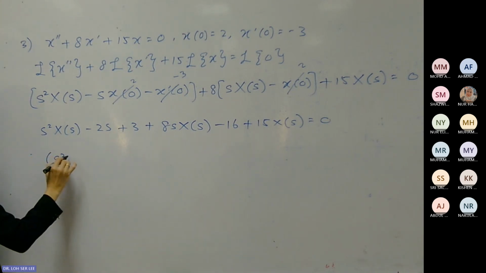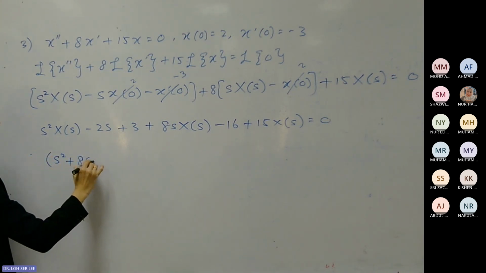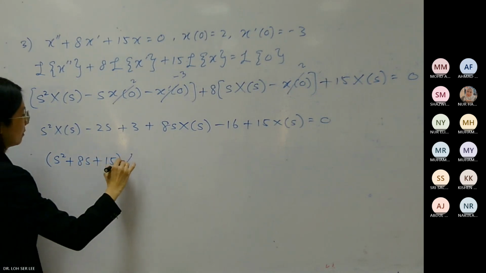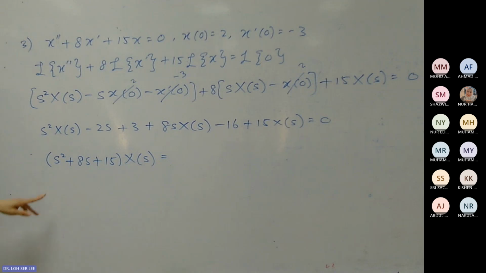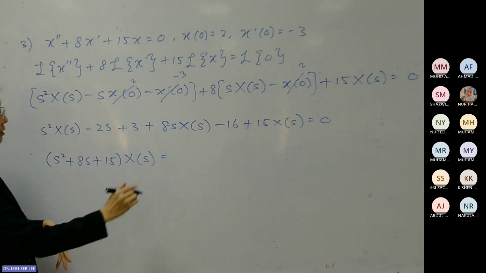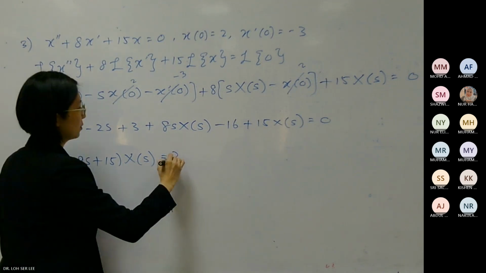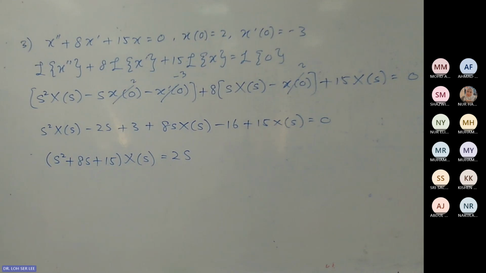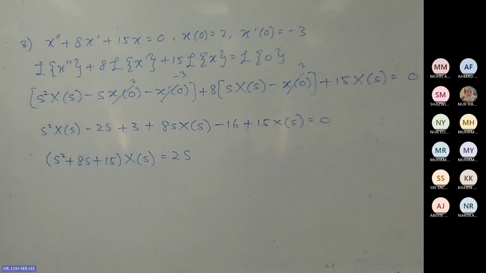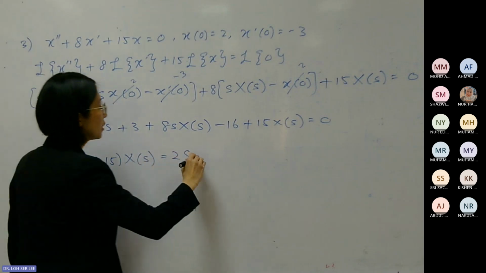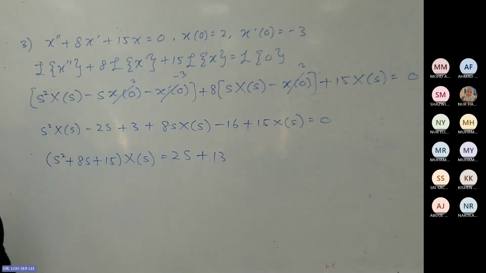Okay, so factorize and simplify. Move the negative 2s to the right. 3 minus 16 means minus 13. Minus 13, when you move, you get plus 13.